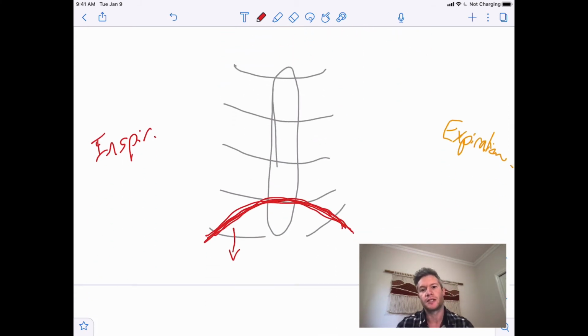When that happens, depending on the need and the stimulation, the external intercostal muscles also contract, and what they'll do is lift the rib cage.